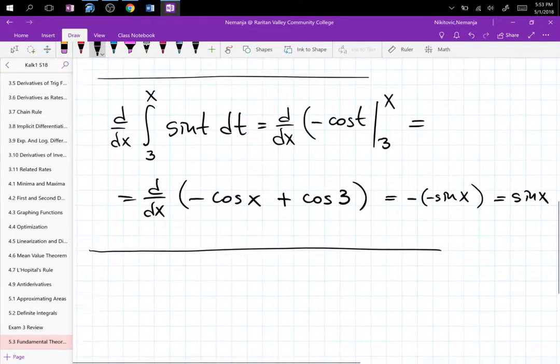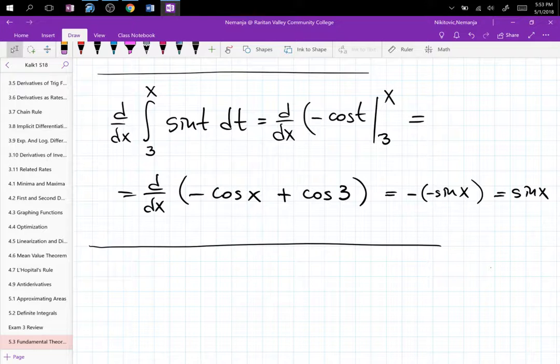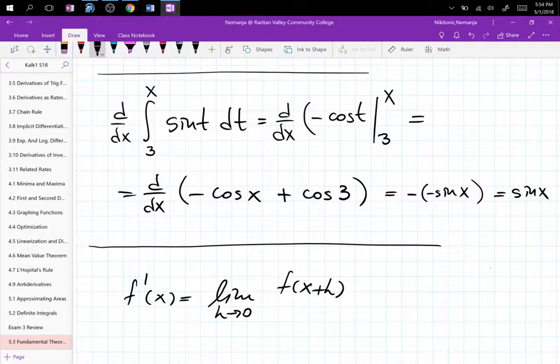The last thing that I'm going to ask you is to do some brainstorming here and tell me why derivatives and integrals undo each other. So the definition for derivatives, as you might know from your previous exam, is the limit as h goes to 0 of f of x plus h minus f of x divided by h.